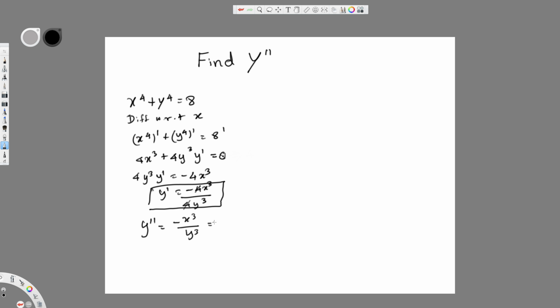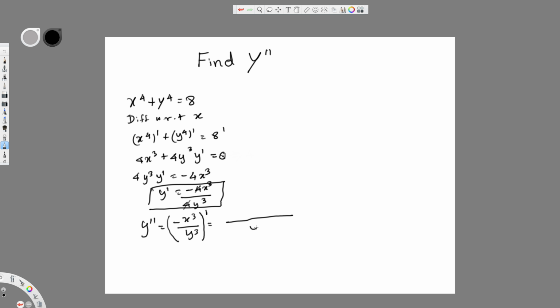This is already y prime, so I have to find the double derivative. I have to find the derivative of this one, and since these two are dividing each other, this is going to be a quotient rule.